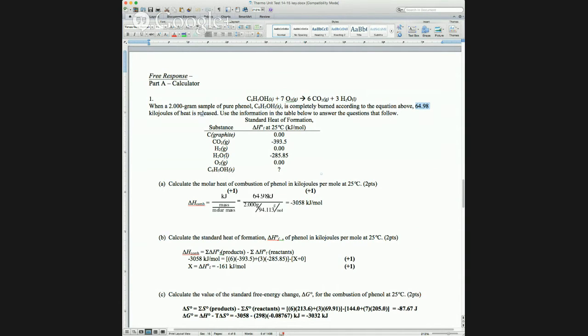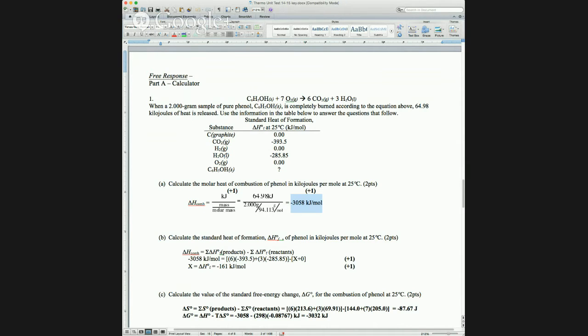And the question is, calculate the molar heat, right? Well, if you got that much out of 2 grams, well, that's that much per how many moles, basically. So you take 2 grams and divide it by the 94.113, which is the molar mass of phenol. So you do 2 divided by that, and that gives you the number of moles. And then it's 64.98 kilojoules divided by that number of moles. And so that gave you the -3058.